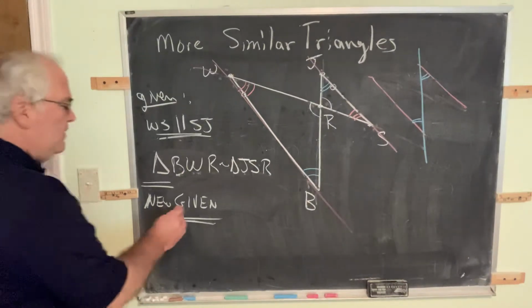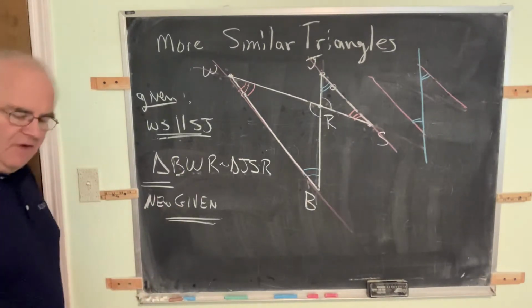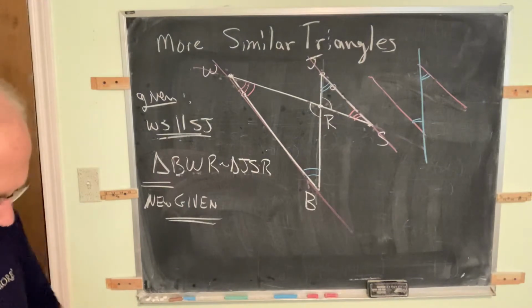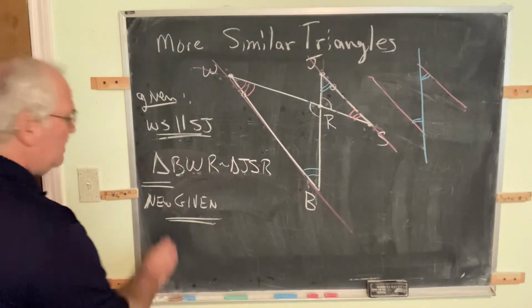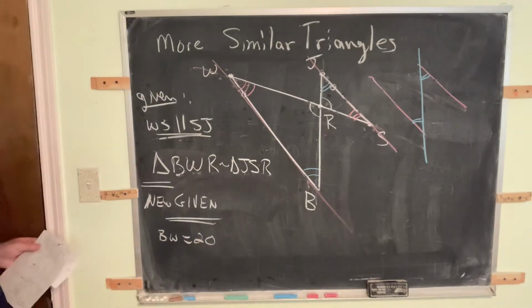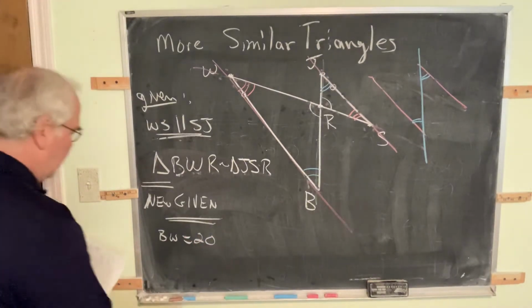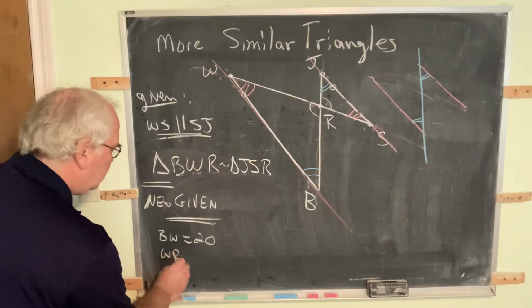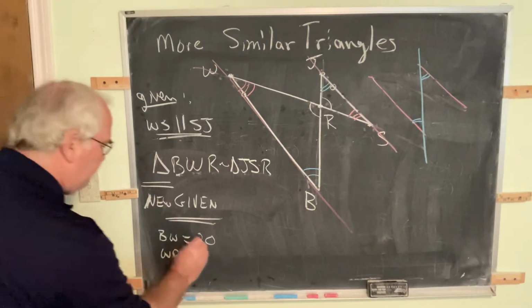So, now suppose we have some more information given. Suppose we're given that BW is given to be 20. Suppose we're given that WR is given to be 14.